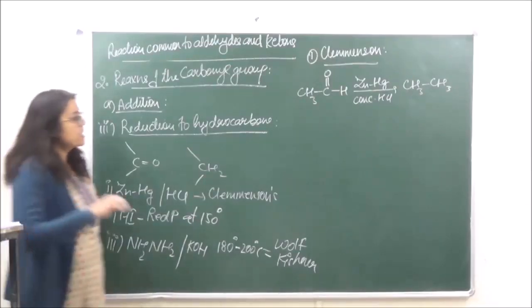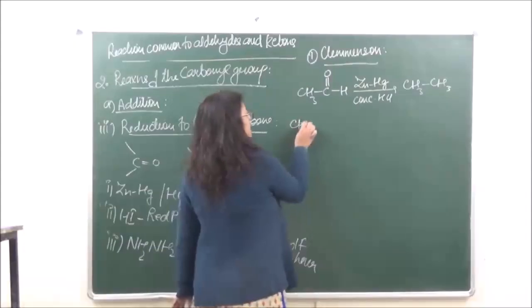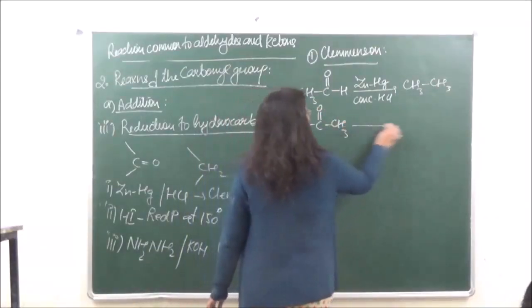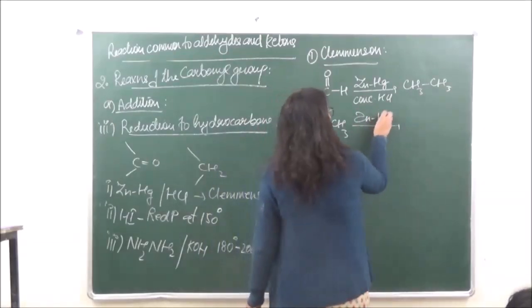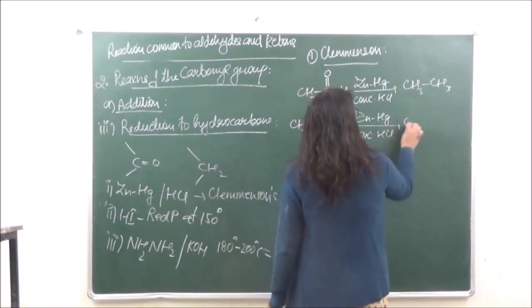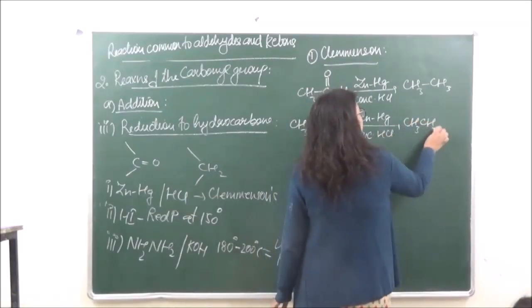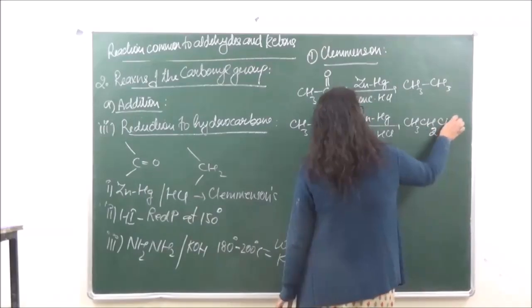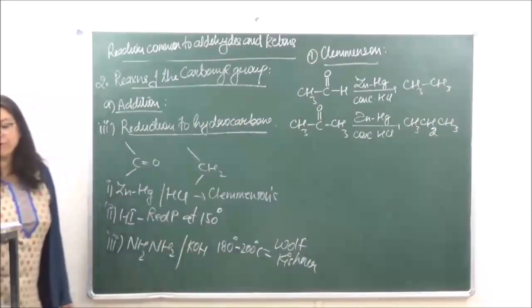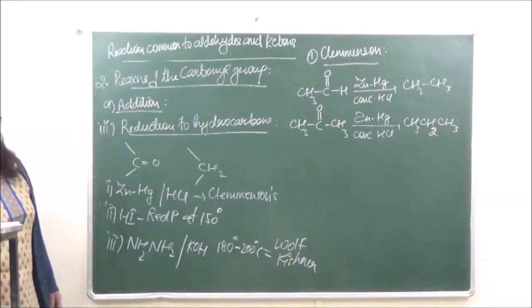Okay? And if you're taking a ketone over here, then again we will get a hydrocarbon with the same number of carbon atoms as present in the reactant. Both are going to be converted into this.